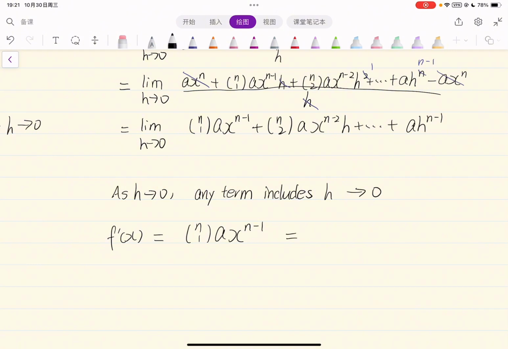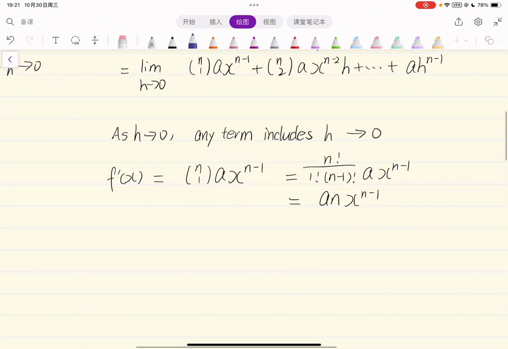That equals n factorial over 1 factorial times (n minus 1) factorial, times a times x to the power of n minus 1, which equals a n times x to the power of n minus 1.